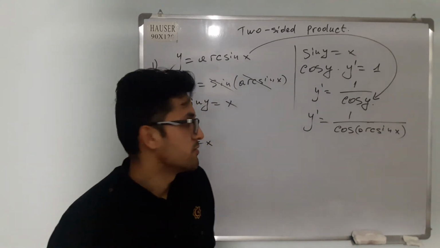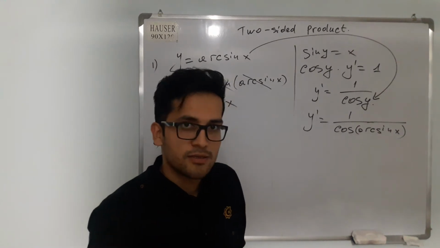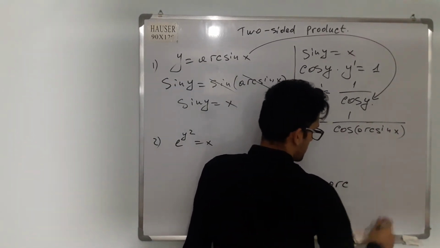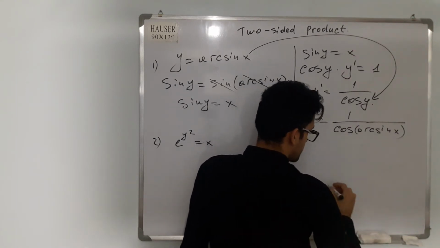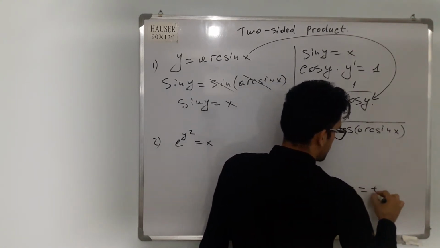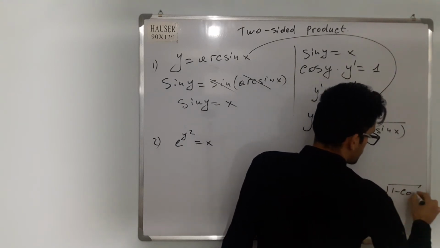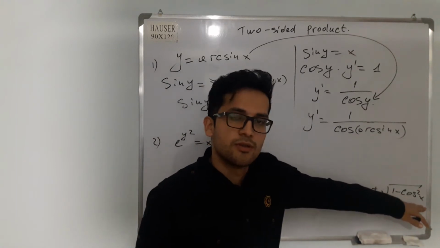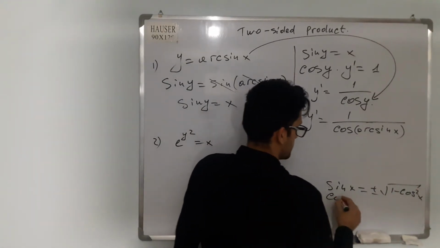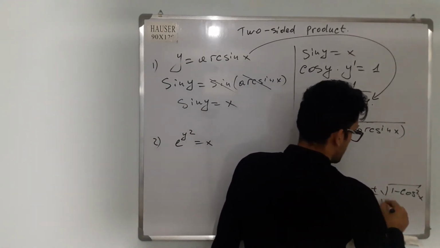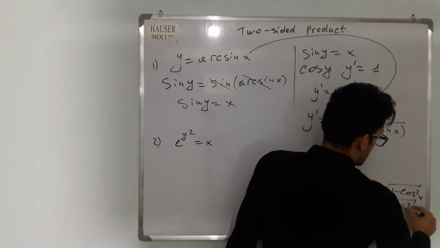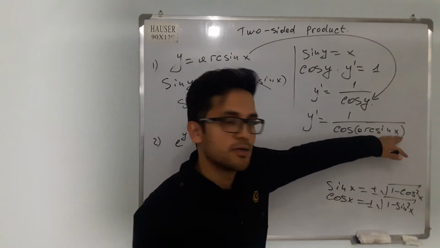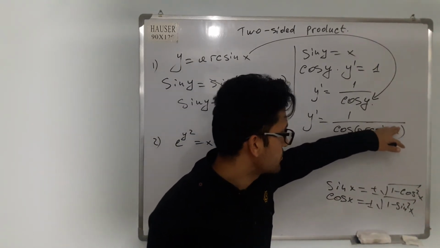We know from trigonometric identities that sinus x equals plus and minus root 1 minus cosine second degree x. So instead of sinus, we put this one, or instead of cosinus x, we put plus and minus in root 1 minus sin second degree x. So when you put the value of arcsinus here, instead of arcsinus x, we should put x.